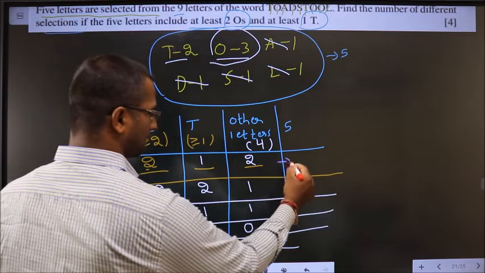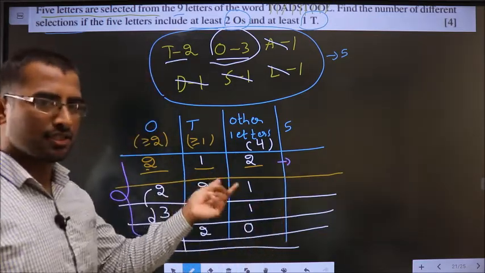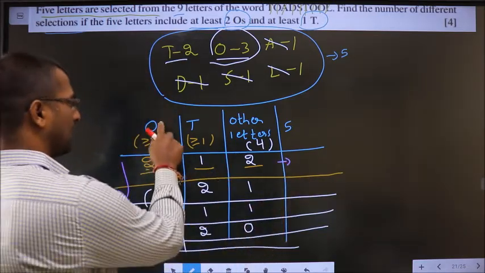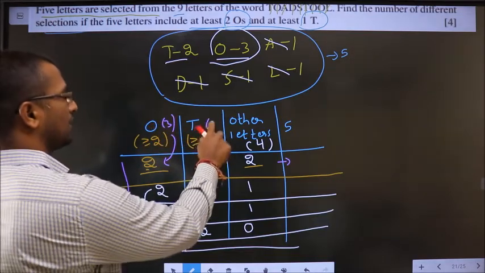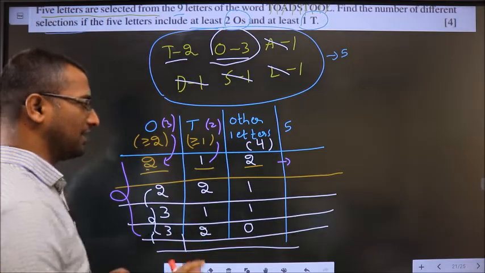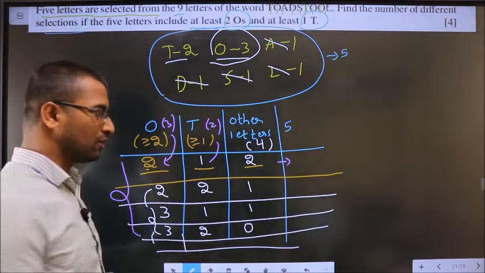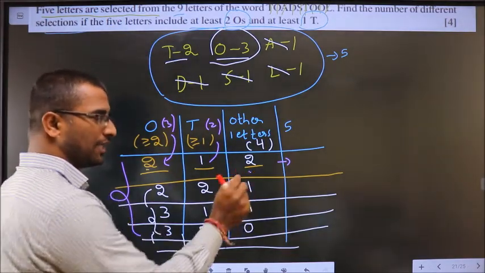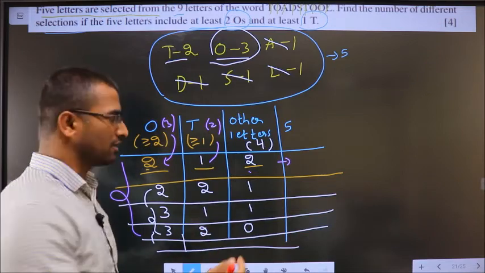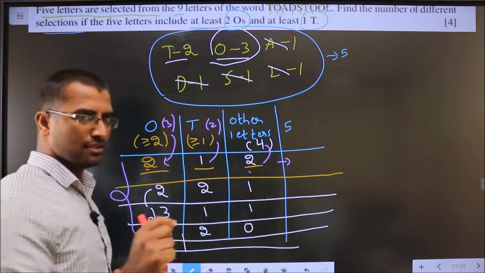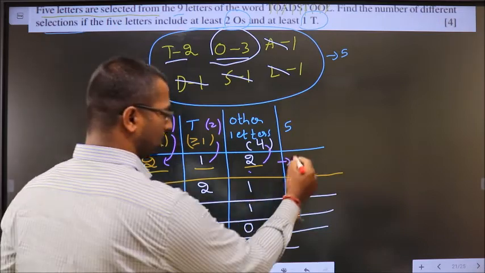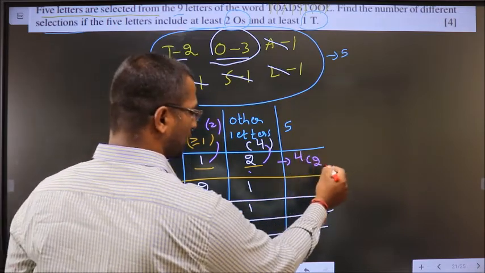Now let us write for each row. Here you see in the first row. Earlier there were 3 O's, you are taking 2 O's. Earlier there were 2 T's, you are taking 1 T. No issues with that. Over here only the selection will be used. From the 4 different letters, you need to select 2 letters. That can be done in 4C2 ways.